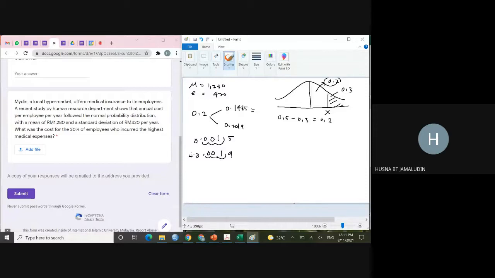This is positive. So between these two numbers, which one is the smallest? The first one. Still the first one? The minus. The minus. Okay.